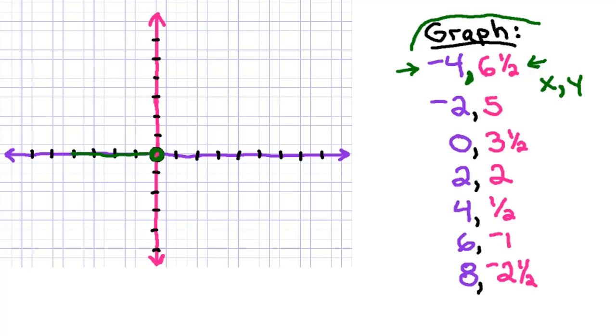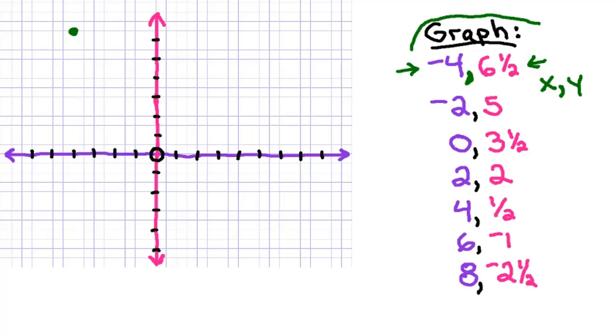You have the 6.5 to go on the y-axis. So that 6.5 is positive, so you're going to go up. So 1, 2, 3, 4, 5, 6, and then the half would just be this one additional square, 6.5. So that would be -4, 6.5.